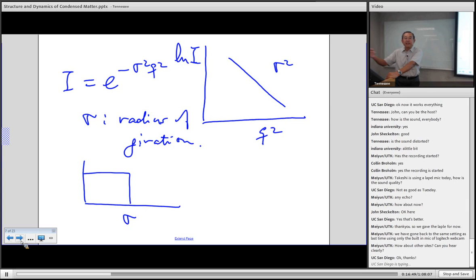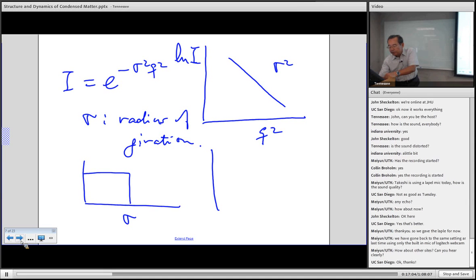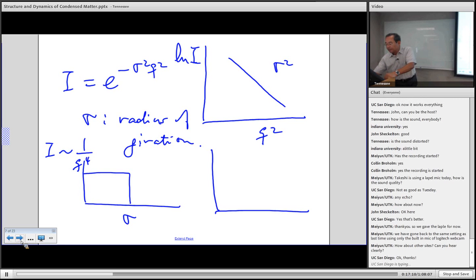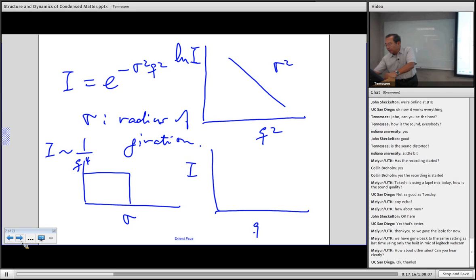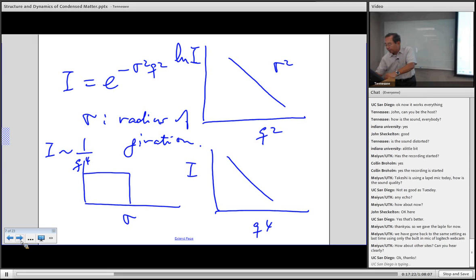You can work out this Fourier transform yourself also. If you do that, you find that essentially I becomes proportional to Q to the minus fourth, so if you plot log I versus log Q you get a straight line.